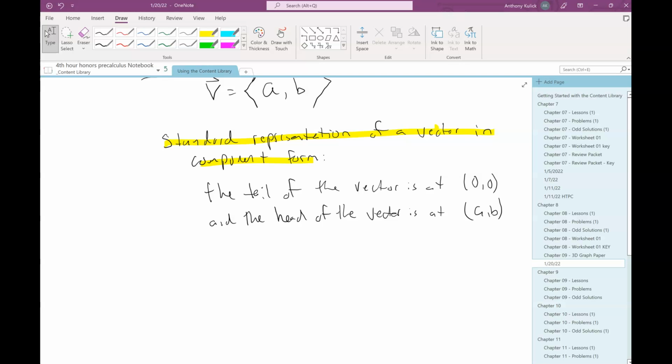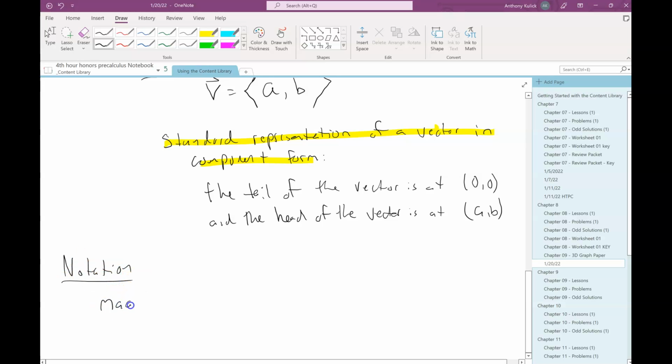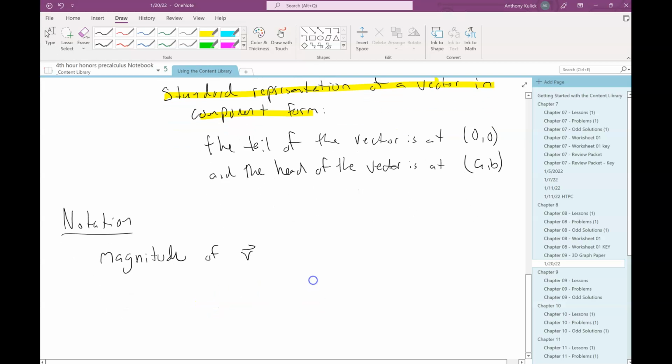So a little bit of extra notation. For magnitude, the way we're going to represent the magnitude of vector v is with two vertical bars around vector v.